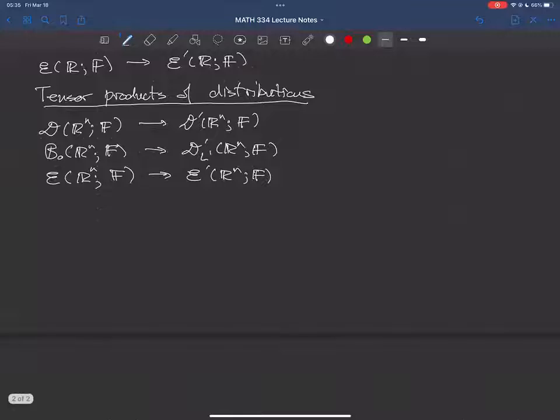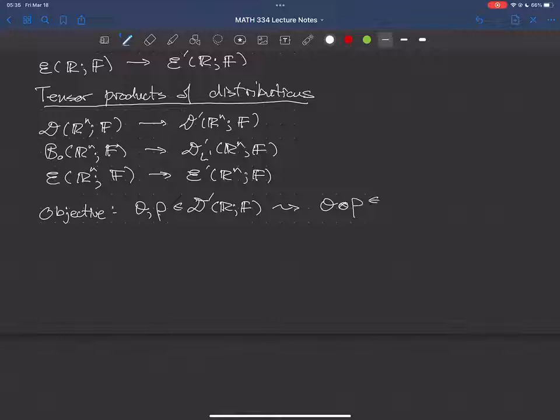And then when you talk about tensor products, what we want to do is take two distributions, let's say theta and rho, and define what we will call their tensor product. This is going to be a distribution on the space of two variables.